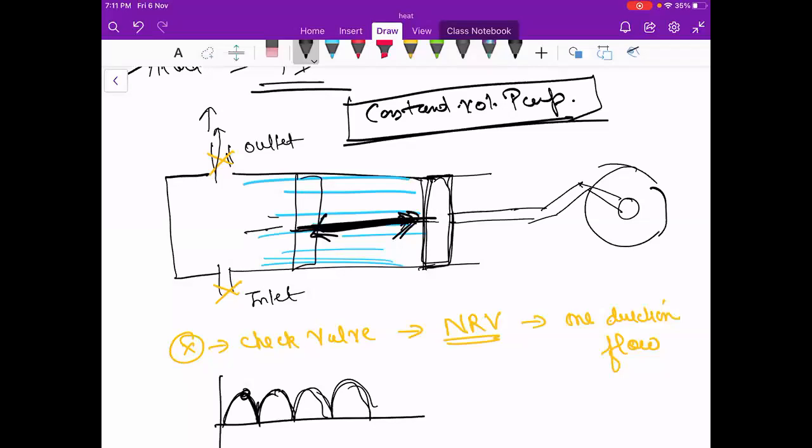You can write all these points. Okay. So anyone has doubt regarding this can ask.